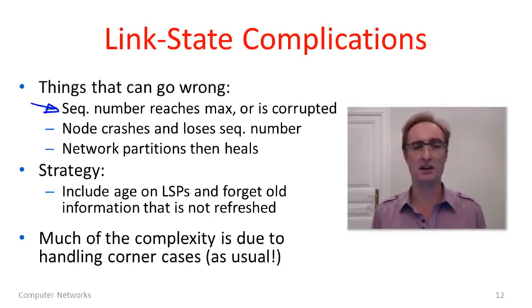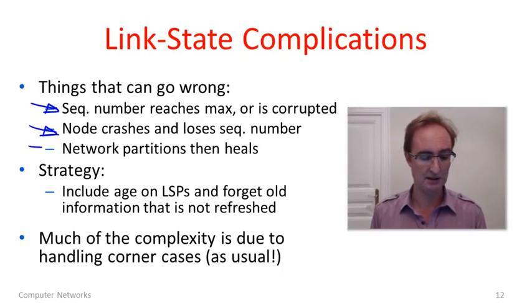This seems very unlikely, but the point is we don't want the network to be jammed up permanently if this happens. Another case would be that a node might crash, and when it comes back up, it's forgotten what sequence number it was using before. It can't just start at 0 again because other nodes might know higher sequence numbers for its flooded messages, and so they won't listen to the low-numbered sequence messages.